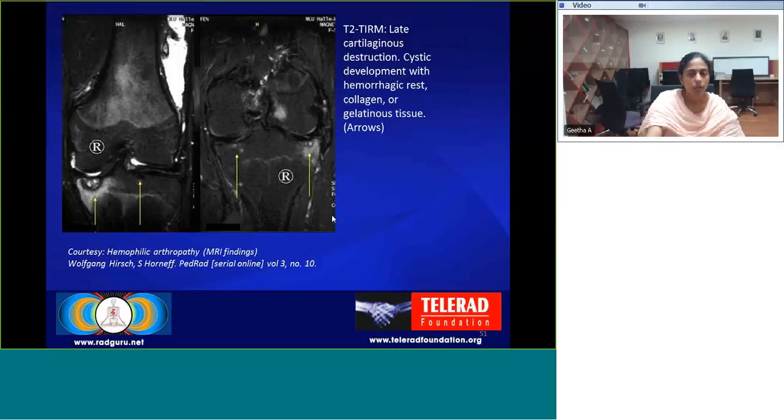This is a late manifestation which shows the destruction of the cartilage, and there are also subarticular cystic areas with hemorrhagic rest, collagen and or gelatinous tissue in these cases.